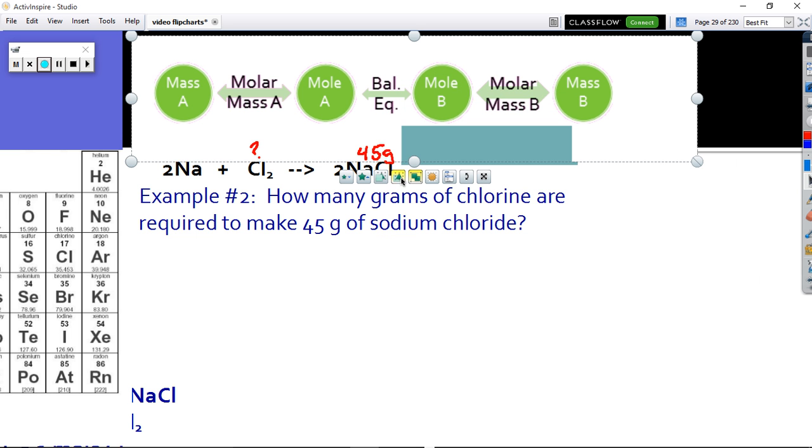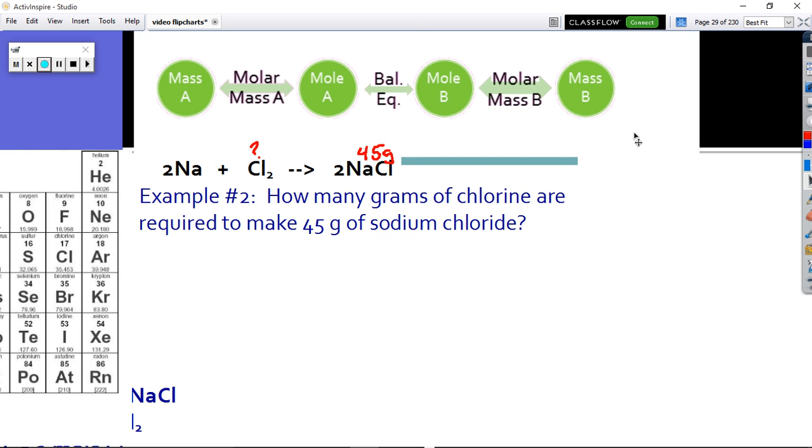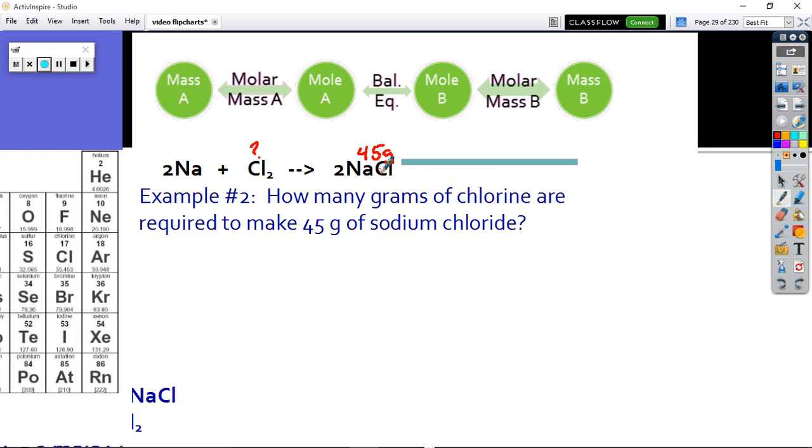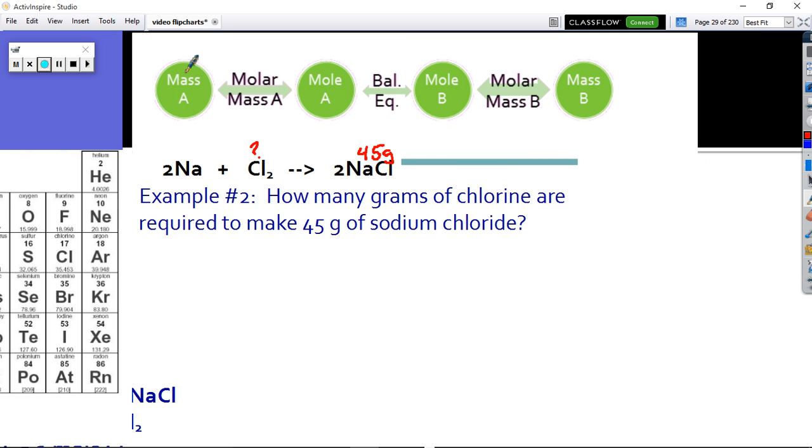We're going to go from grams of sodium chloride, so right here this is going to be sodium chloride, all the way to grams of chlorine. So we're going to go all the way to grams, mass is grams, of chlorine, which means we're going to have to use the molar mass of chlorine, and here from NaCl to NaCl, we're going to use the molar mass of NaCl.